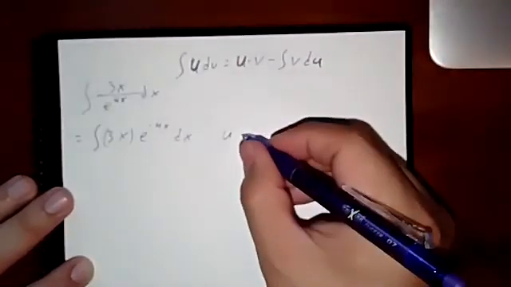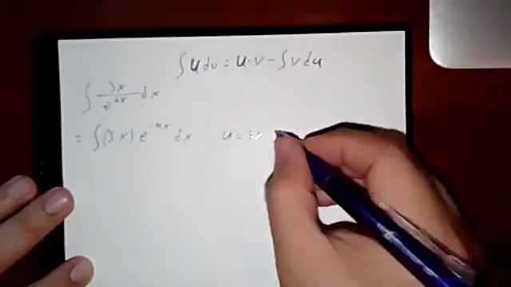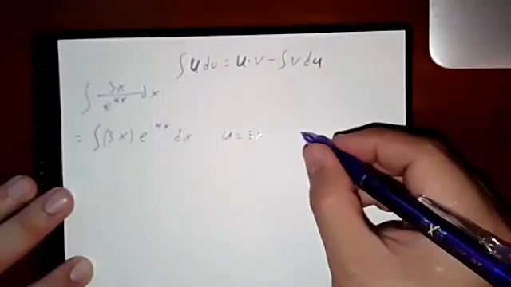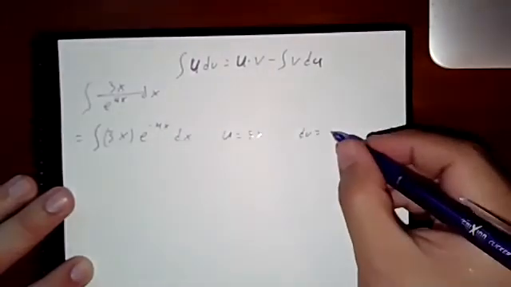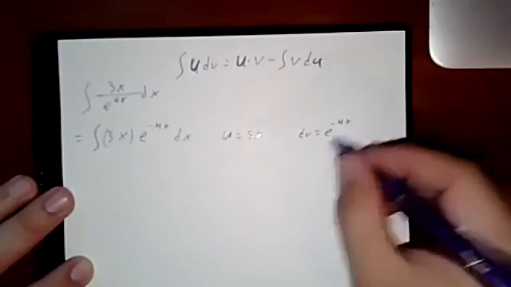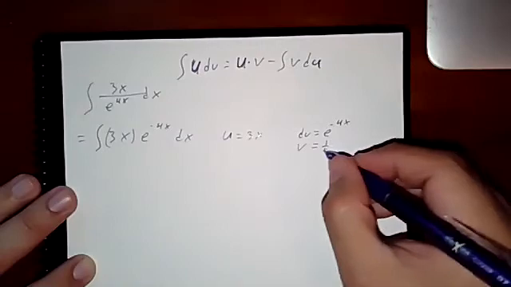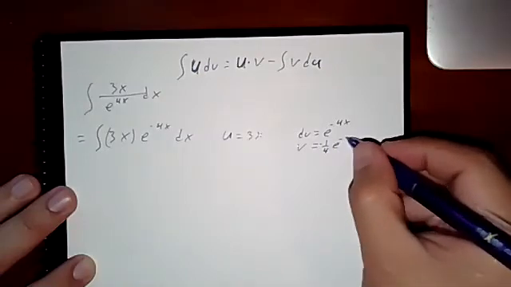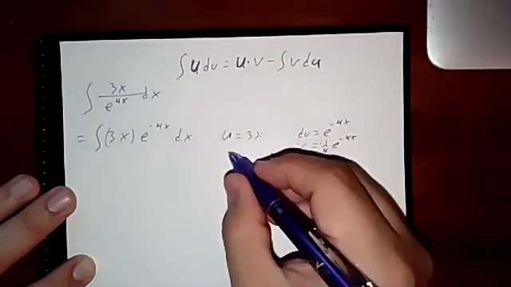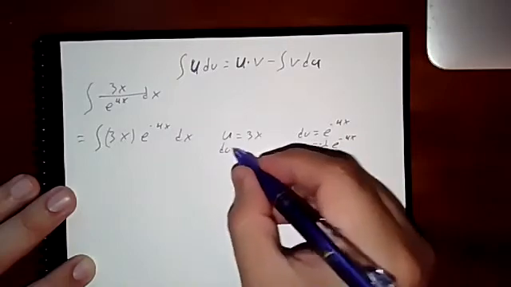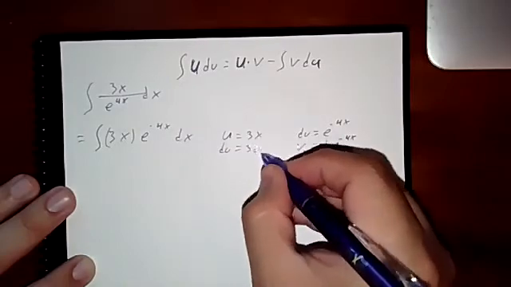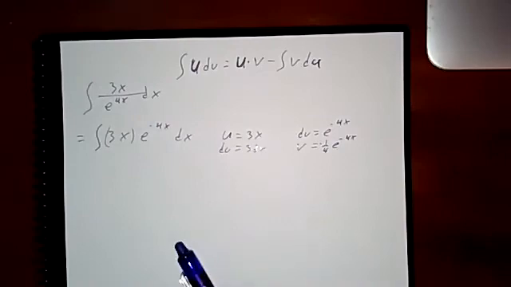So u will be 3x because I want to take derivatives of that. dv will be the exponential. The integral of this will be negative 1/4 e to the negative 4x. du would be 3 dx. But now, that would be with the other method, right?